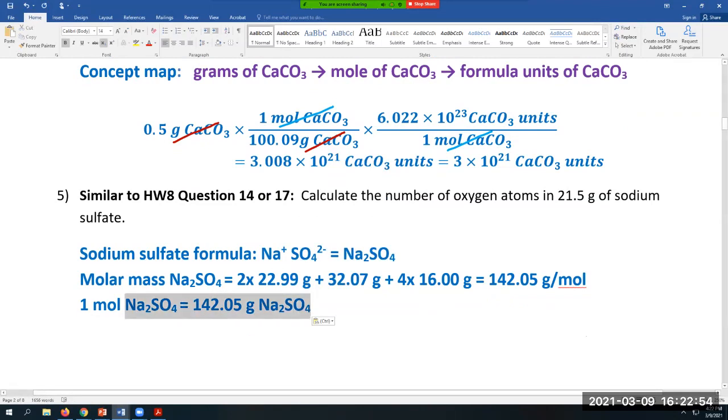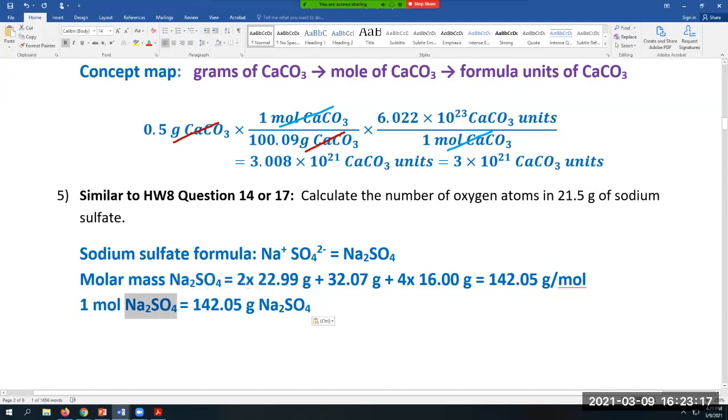So that's going to be one of the equalities that will allow you to change the grams you start with to moles of the whole compound, Na2SO4. Then from the moles of the compound, we need to extract just oxygen. So we will need to use the formula itself.